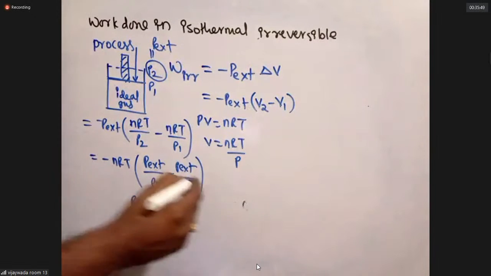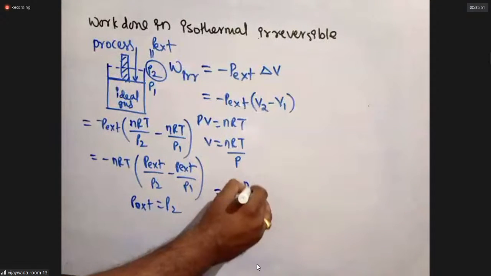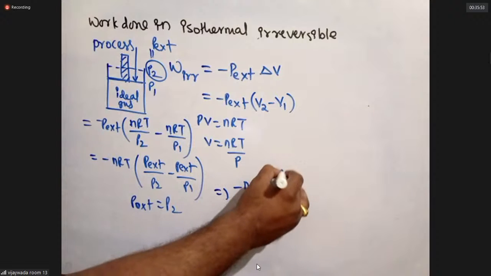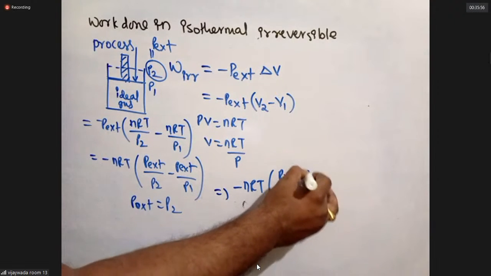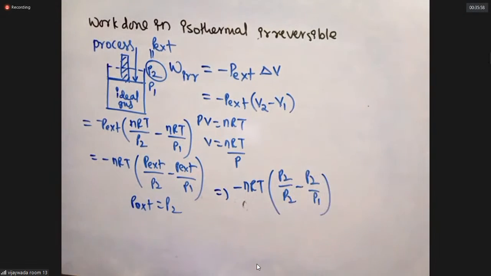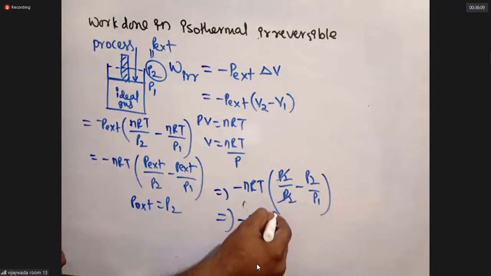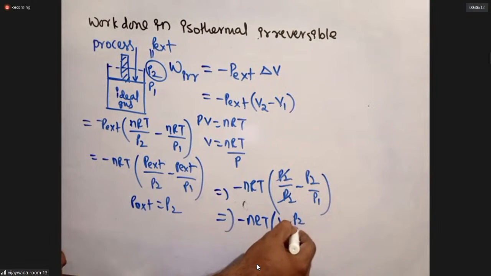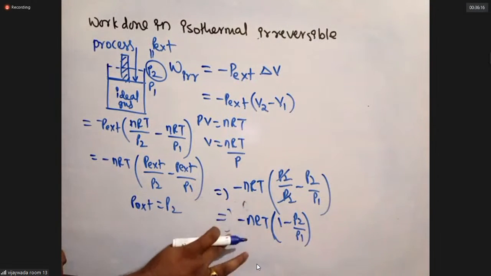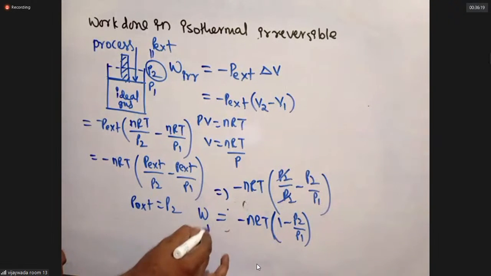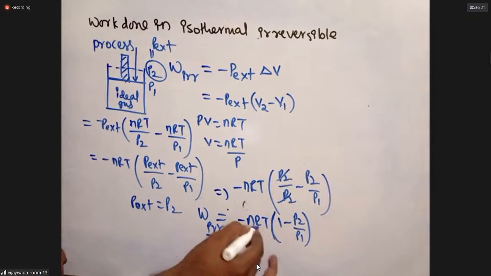Okay, right. Next, minus nRT into P2 by P2 minus P2 by P1, and you can cancel P2, P2. Then the final equation is minus nRT into 1 minus P2 by P1. Students, you must use this equation for work done in an irreversible process.